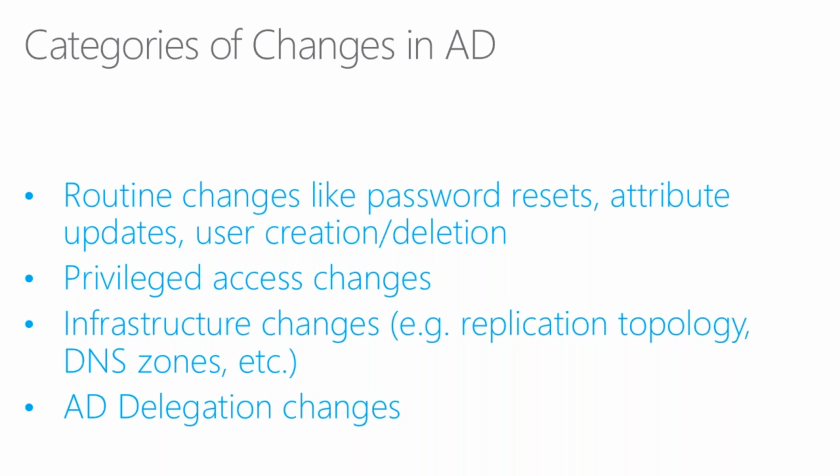Between AD and group policy, somebody with access to AD objects, group memberships, GPOs, can really draw a map of where privileged access is granted and to whom. So when we think about AD delegation, who has access to what, that's an important category of change that we should be thinking about with respect to AD change management.